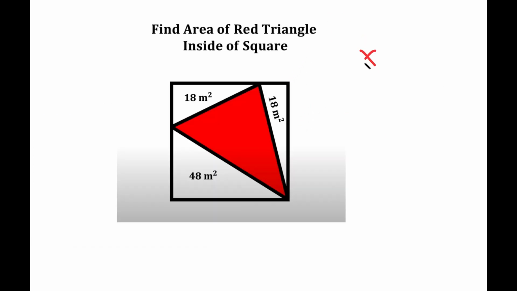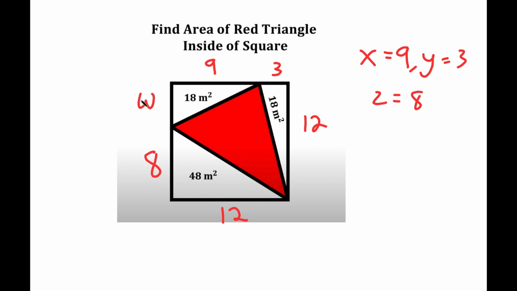So x is 9, y is 3, and z is 8. This side that we initially called x is 9, this is y, so this is 3, this is going to be 12, this is 12, this is 8. And this is w, which we still don't know. But if this whole thing is 12, this whole thing is 12, and this whole thing is 12, then this must equal 12 as well, meaning w is 4.